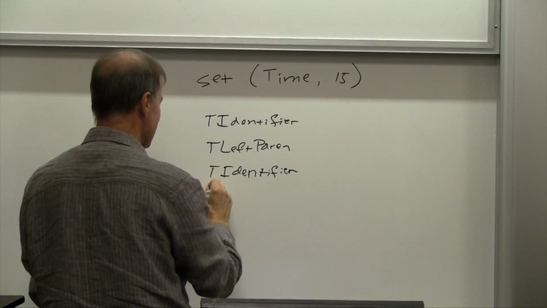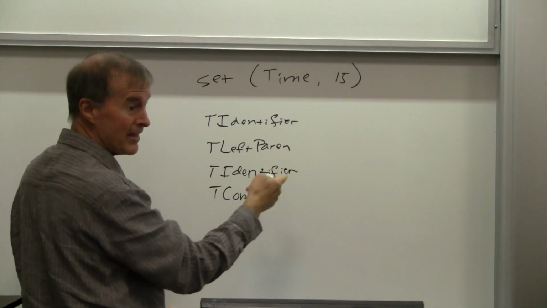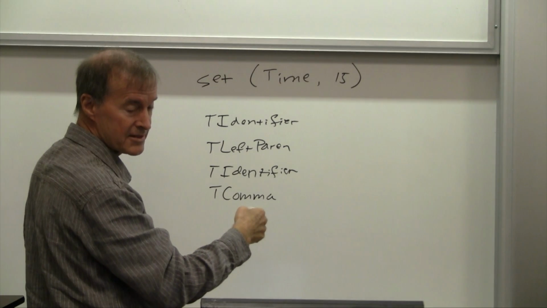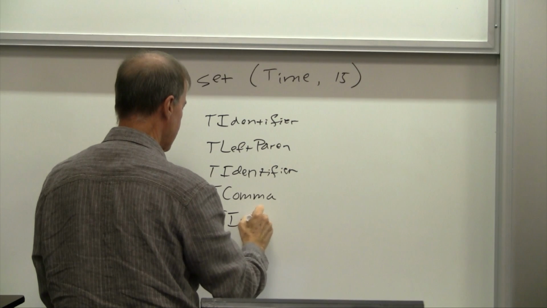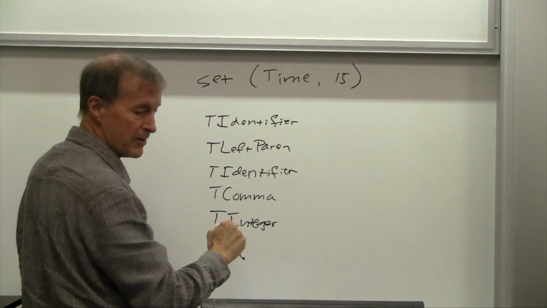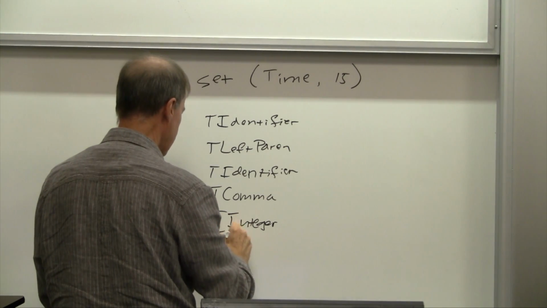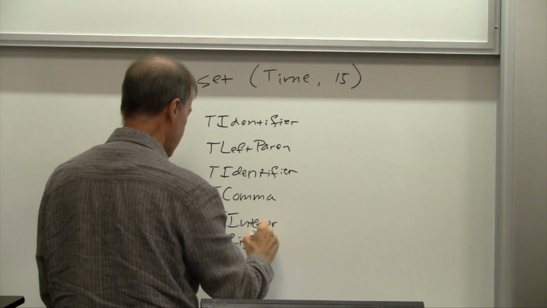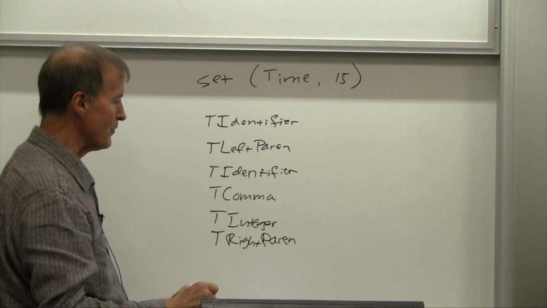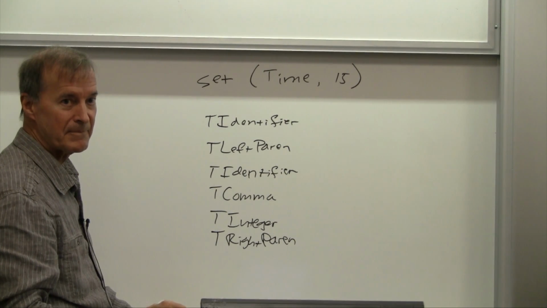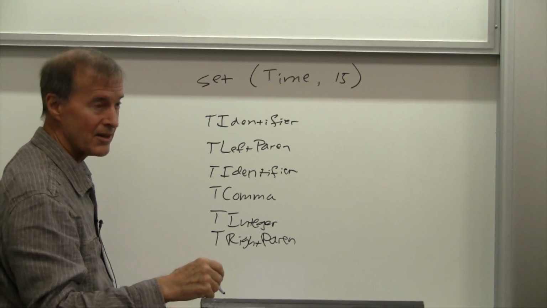Obviously, this is so trivial, but anyway: T comma. And now what? It will detect this as an integer, so T integer. And then T right paren. But we're not done yet, sports fans, because what then will it detect? Yeah, it will detect T empty at the end of the line.